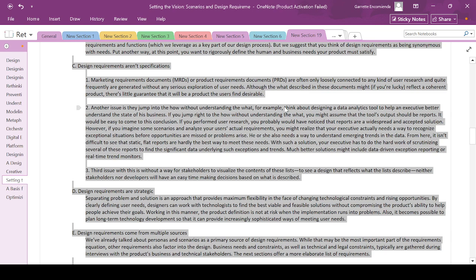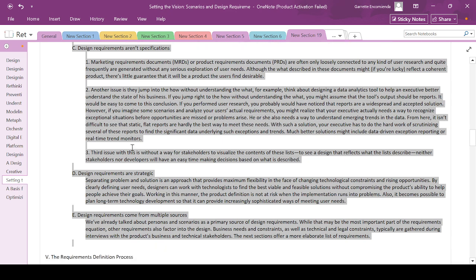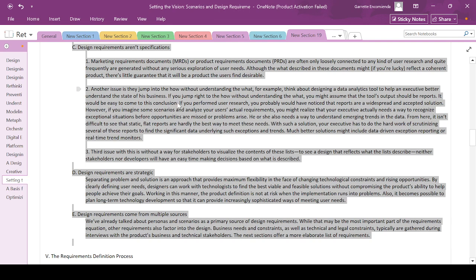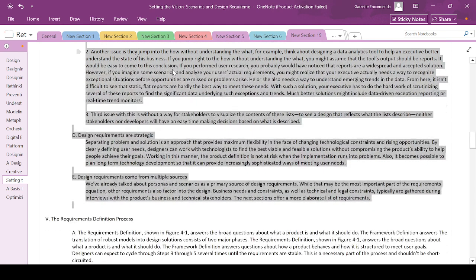Without understanding the what. For example, think about designing a data analytics tool to help an executive better understand the state of his business. If you jump right to the how without understanding the what, you might assume that the tool's output should be reports. It would be easy to come to this conclusion.